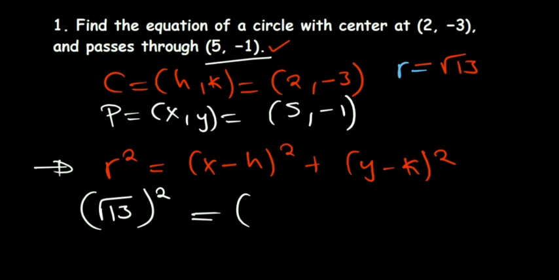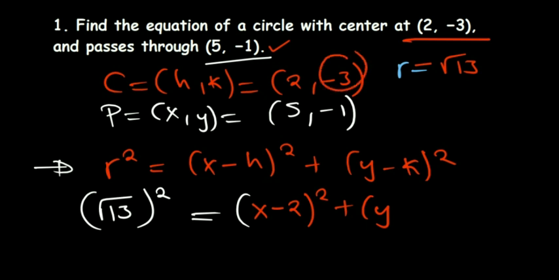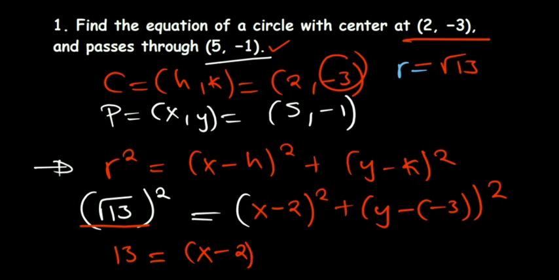The x and the y will not appear as numbers in the equation, so x will remain as it is, and then we'll substitute our h is 2, so it will be x minus 2 squared plus y, and then our k is -3, so y plus 3 squared as well. The square of root 13 is just going to be 13, and then you remain with x minus 2 squared plus y plus 3 squared equals 13.